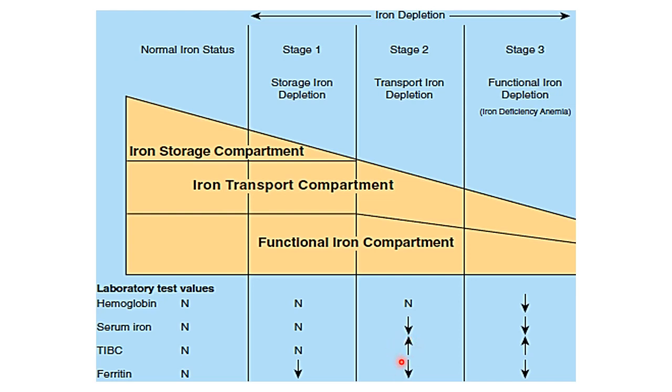Bakit nga ba baliktad ang TIBC? This is an indirect measure of your serum iron. So, dapat baliktad yung dalawang yan. Pagdating sa stage 3, functional iron depletion na ang nangyayari. And this is the full-blown iron deficiency anemia.